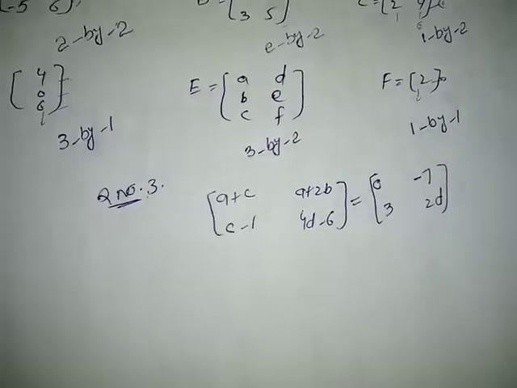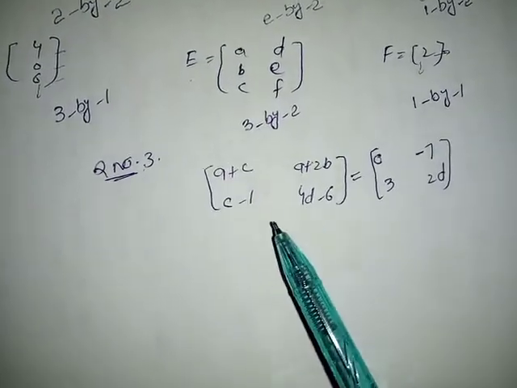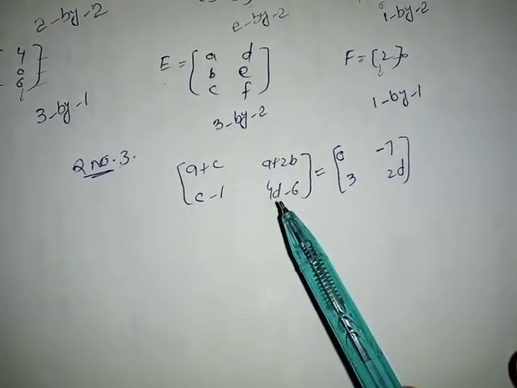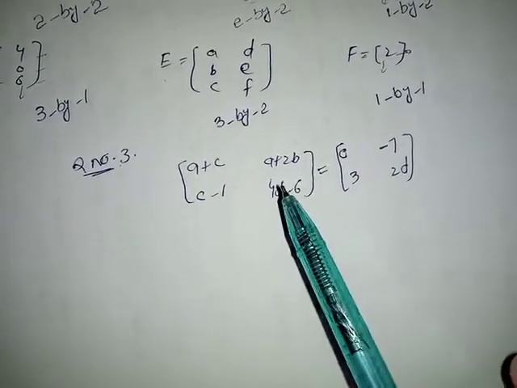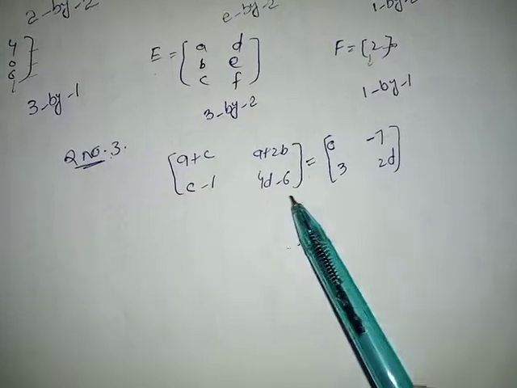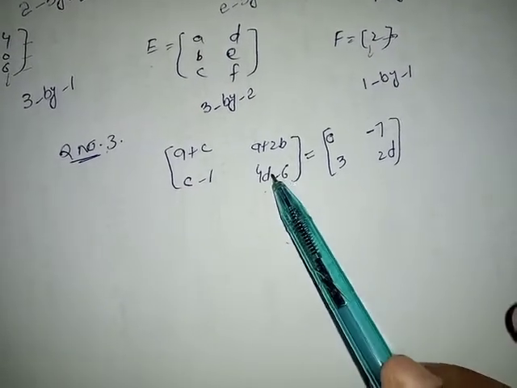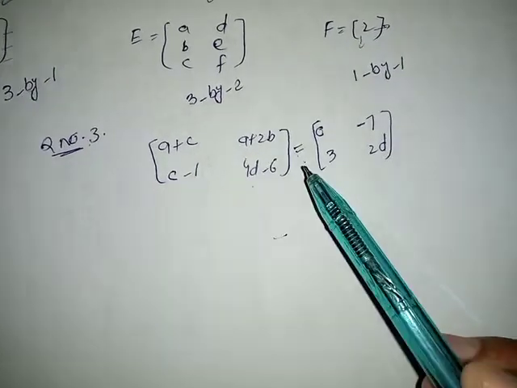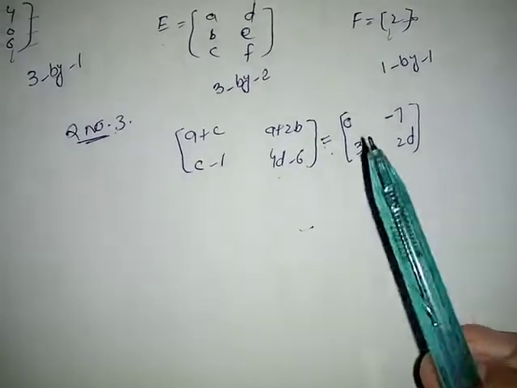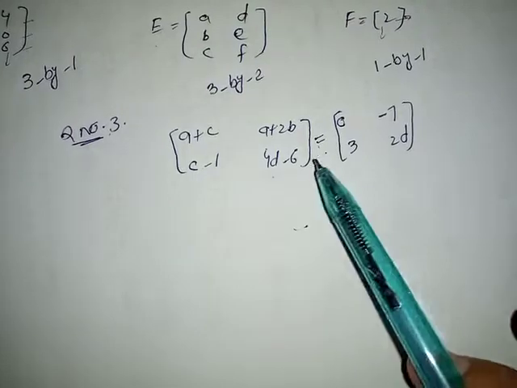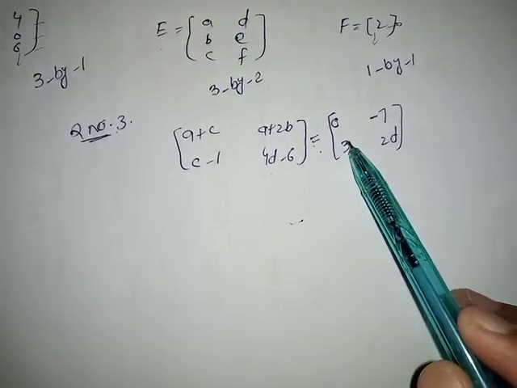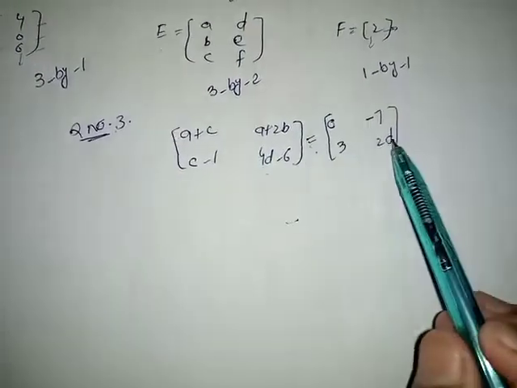Now we have to find the values of a, b, c and d here. How can we find these values? We have discussed that in the question this implies that this matrix is equal to this matrix, because we have the equality sign. In my previous lecture we discussed that when two matrices are equal, their orders are also the same and the corresponding entries are equal.